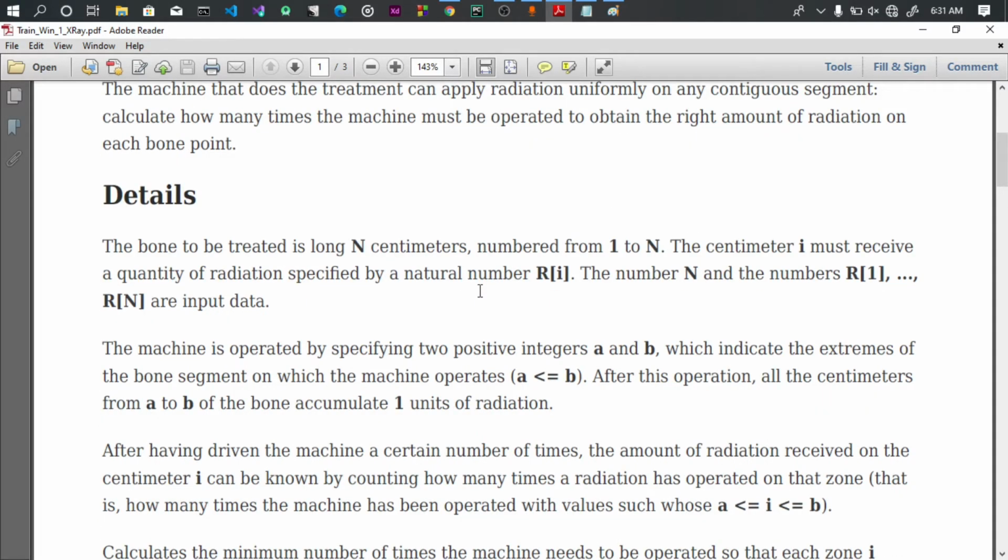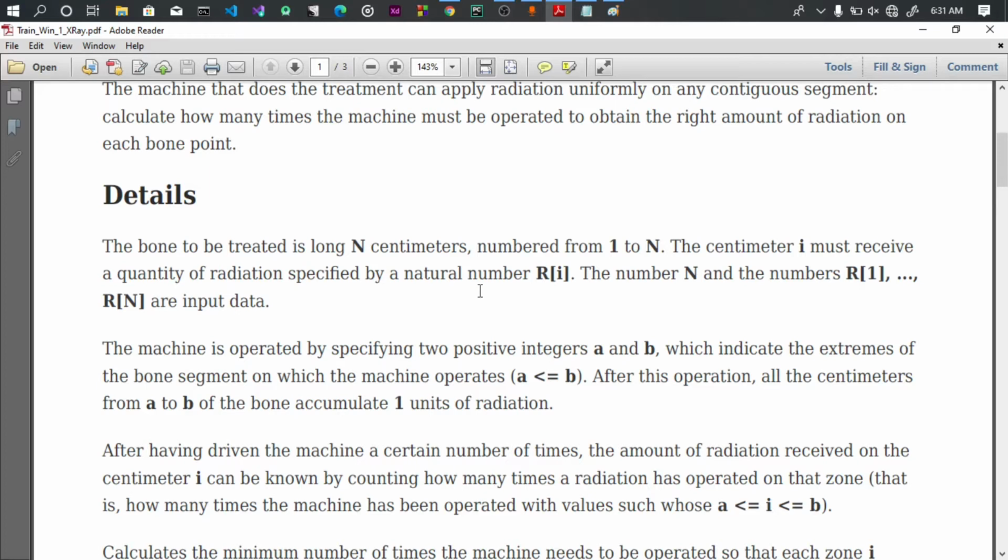The details are: the bone to be treated is n centimeters long, numbered from 1 to n. The centimeter i must receive a quantity of radiation specified by a natural number Ri. The number n and the numbers R1 to Rn are input data. The machine is operated by specifying two positive integers a and b, which indicate the extremes of the bone segment on which the machine operates, where a is less than or equal to b.